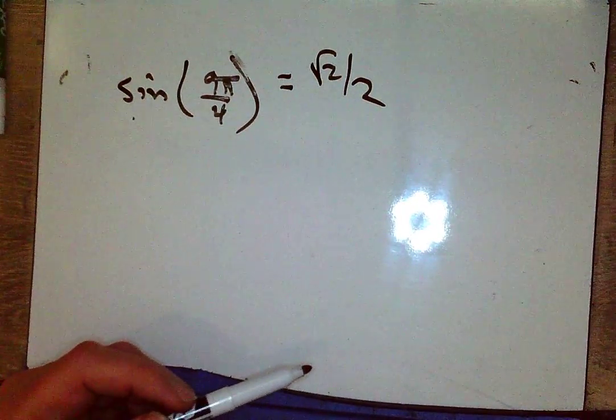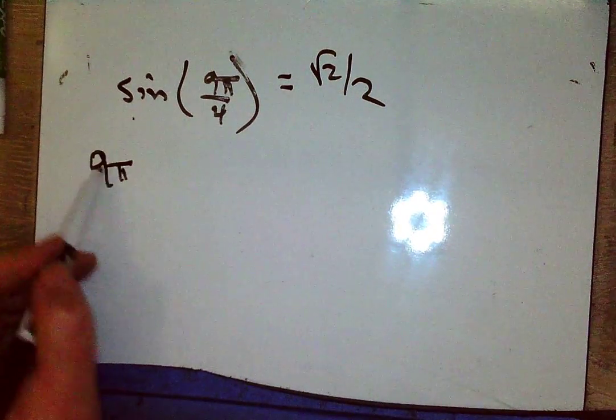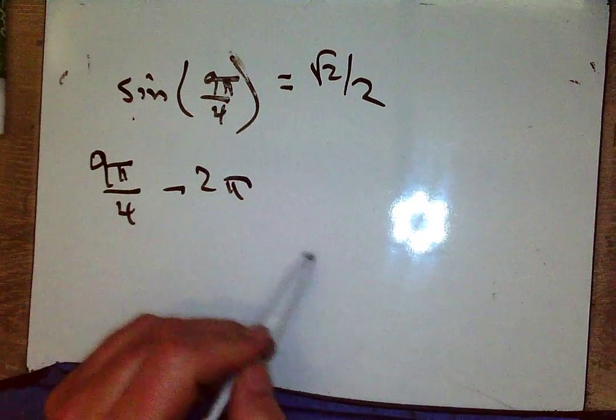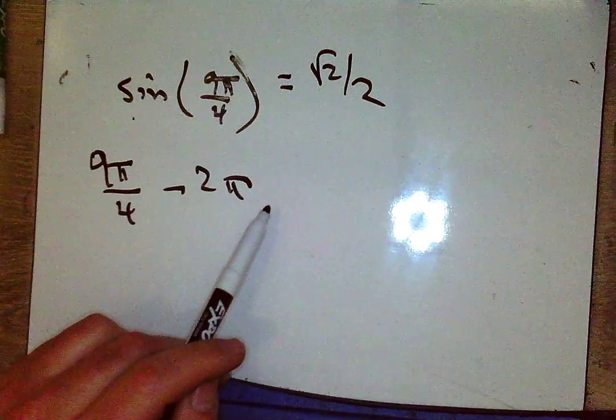Now, if you didn't particularly like that, that's fine. Let's instead take 9 pi over 4 and subtract 2 pi. Maybe this is too big, it's outside of our unit circle.